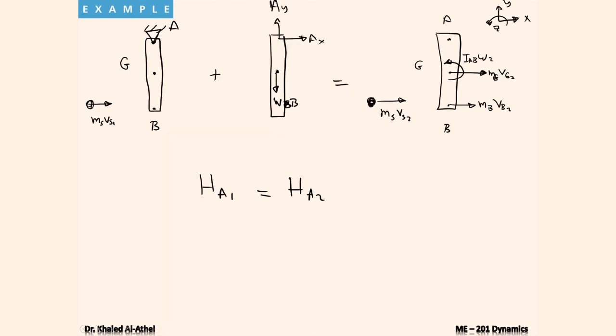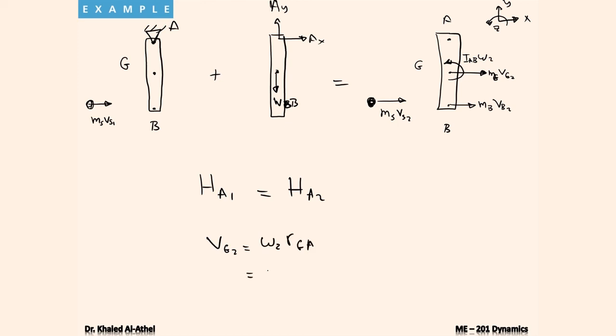I want to make it in terms of omega. So VG equals omega R. So it's going to be 0.6 squared multiplied by omega 2, plus IAB, which is 0.96 omega 2. Again, just to make this clear to you, I know from here that VG2 should equal omega 2 RGA.